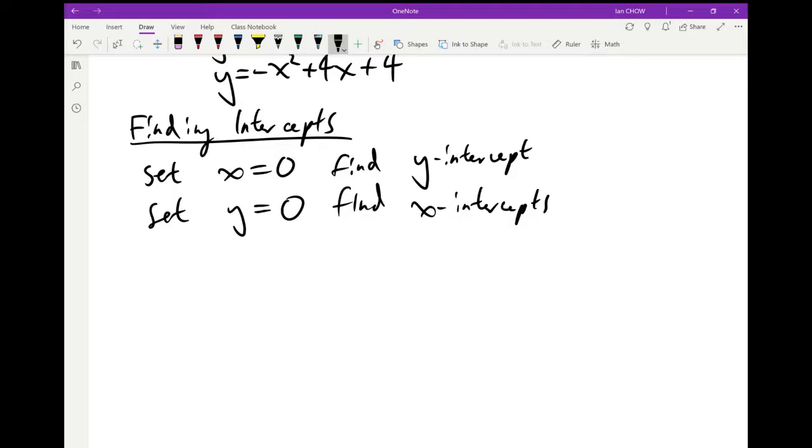I put an s because there can be two x-intercepts. So let's do an example.